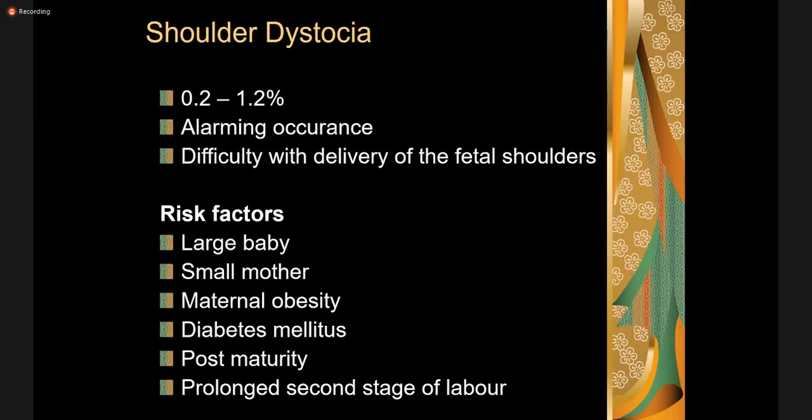Tell her the complications, tell her this can occur immediately, and even sometimes you may not be there. The junior staff is there. Sometimes this happens. Better counsel her, and if you think that this baby might end up with complications, it's better to go for cesarean section rather than take the risk of shoulder dystocia.